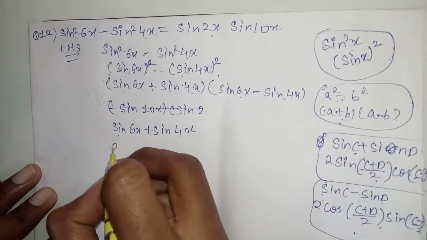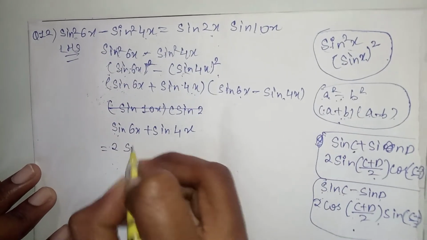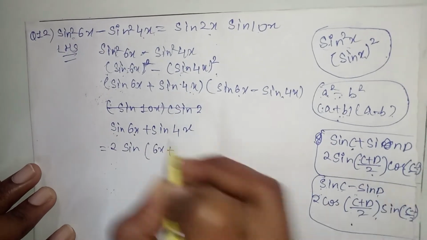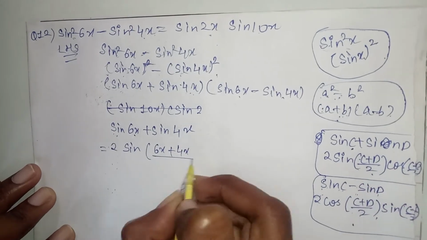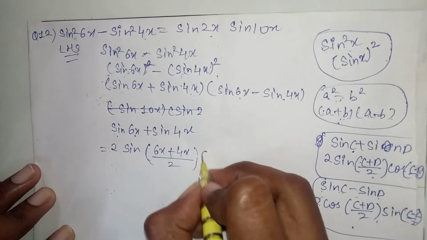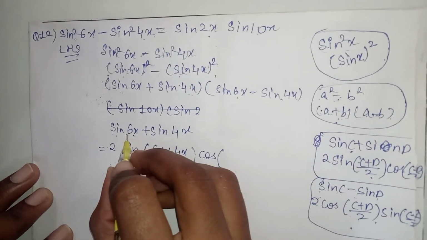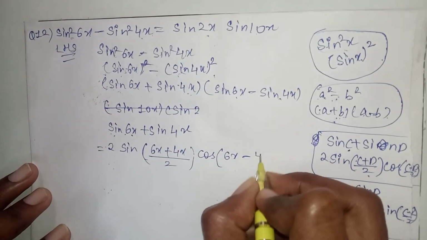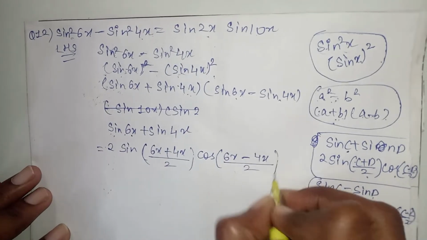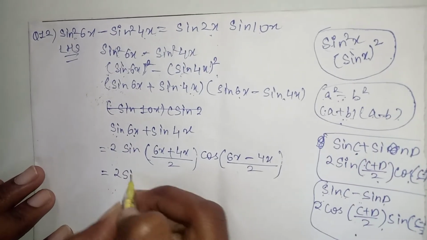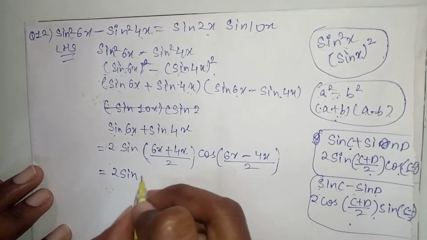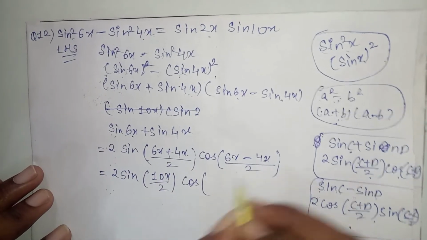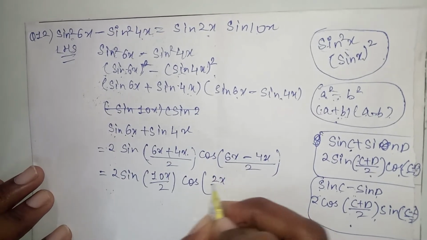Okay, so 2 sine, c is 6x plus d is 4x, divided by 2, cos, c is 6x minus d is 4x, divided by 2, minus 2 sine, 6x plus 4x is 10x, 6x minus 4x is 2x, by 2.